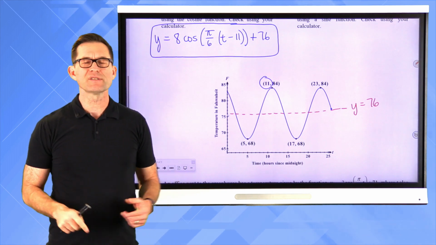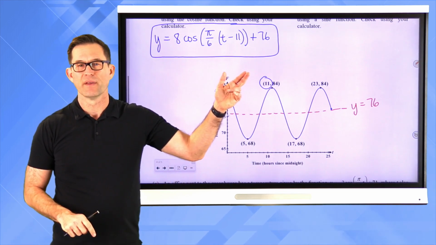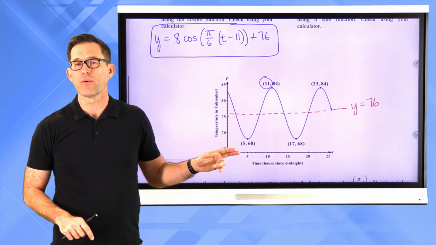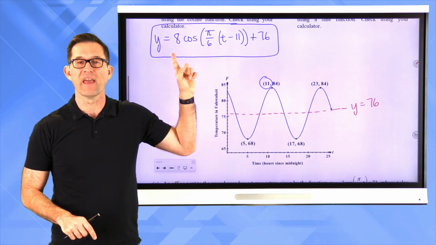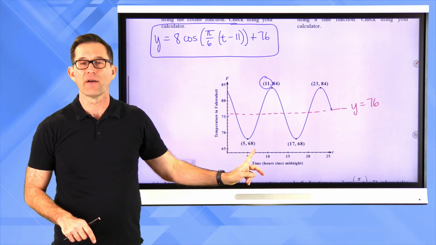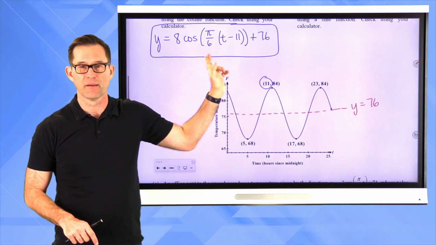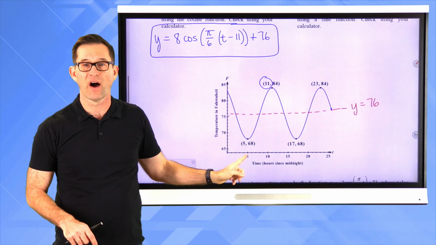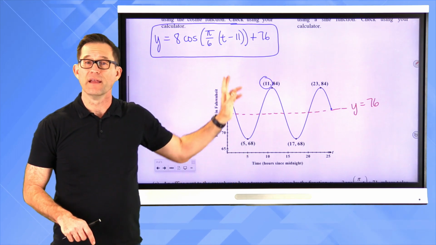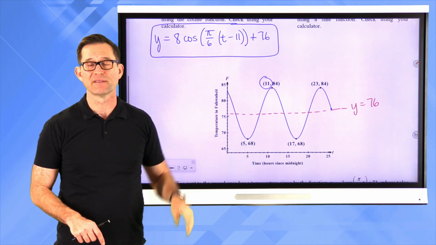But you see, the cosine function starts at a maximum. And even if I wanted a minimum, that would be easy enough because I could just make the 8 negative and shift it 5 units. All right, so a great equation would have been -8 times cosine pi over 6 times t minus 5, right, instead of +8 and t minus 11.